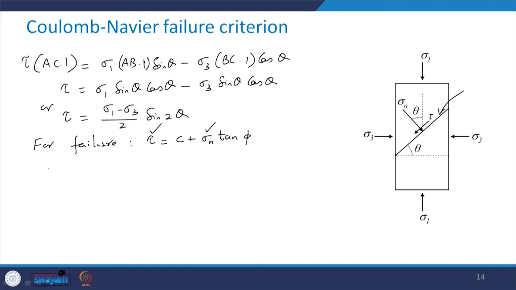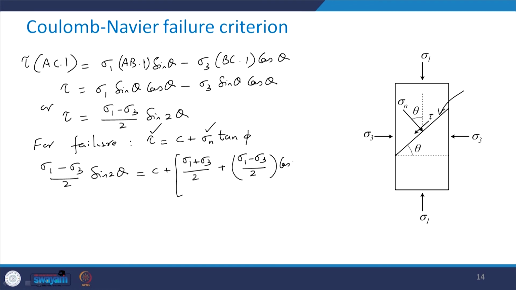What we are going to get is sigma 1 minus sigma 3 upon 2 sine of 2 theta, that is equal to C plus sigma 1 plus sigma 3 upon 2 plus sigma 1 minus sigma 3 upon 2 cos of 2 theta, and this whole should be multiplied by tan of phi.